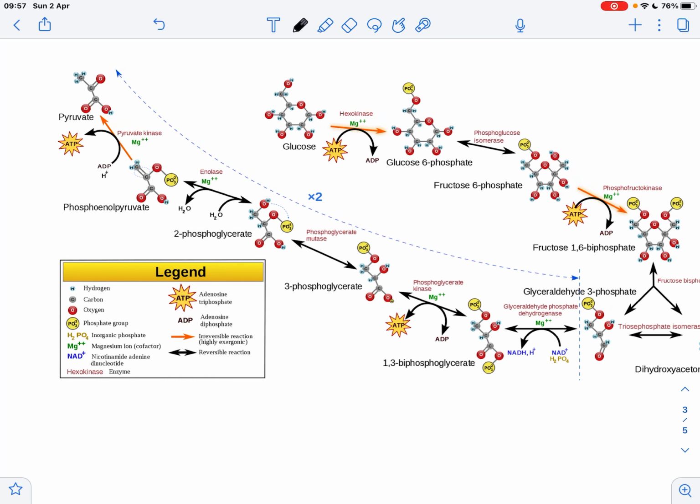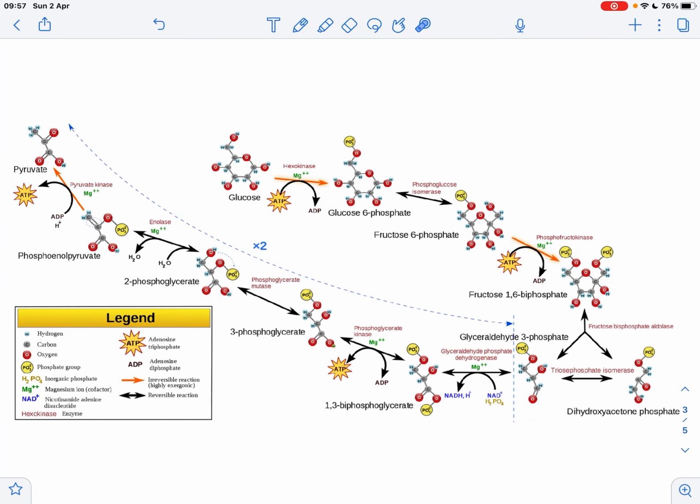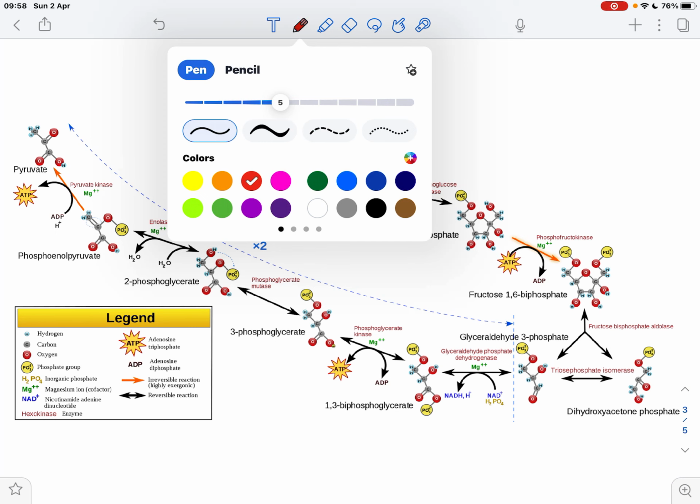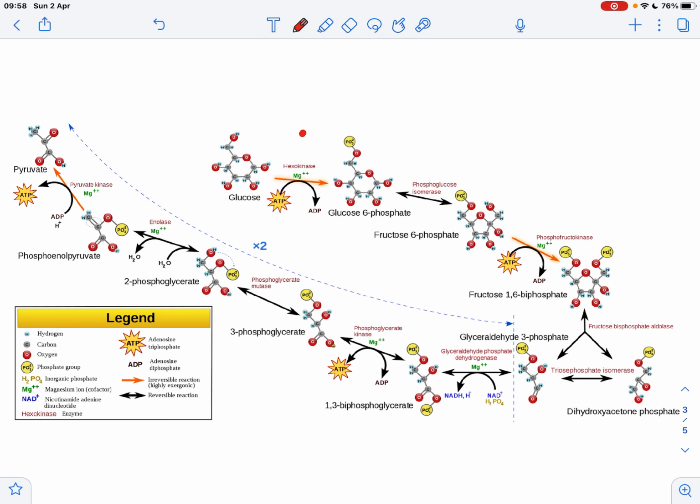So if we just look at the scheme of glycolysis, we start with glucose, and the first block that we encounter here is the conversion of glucose to glucose 6-phosphate. So here, let me indicate that with something red. So here we've got already a sort of a block. The next one-way step is the conversion of fructose 6-phosphate to fructose 1,6-bisphosphate.